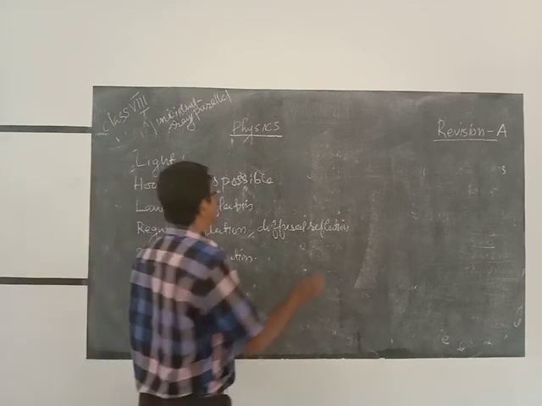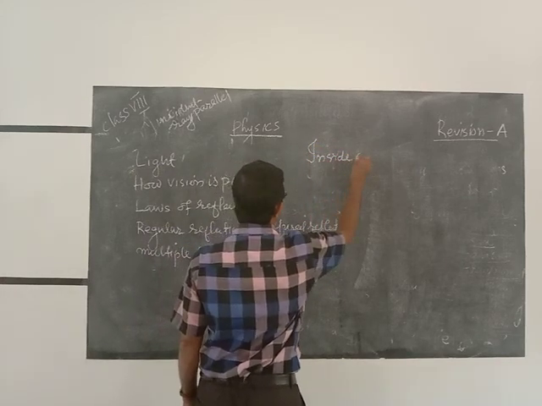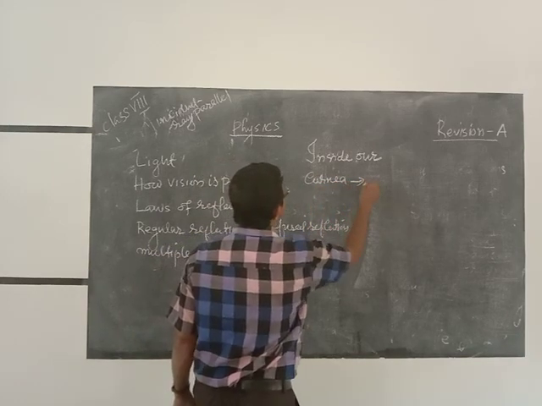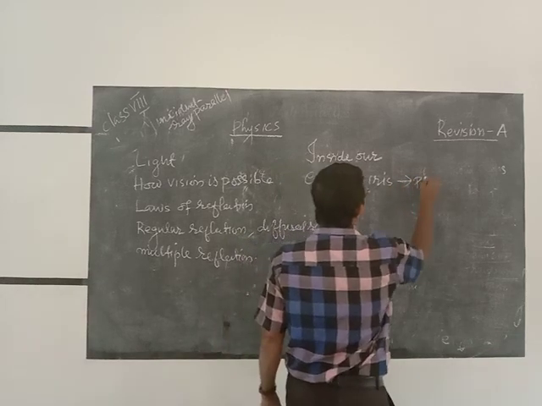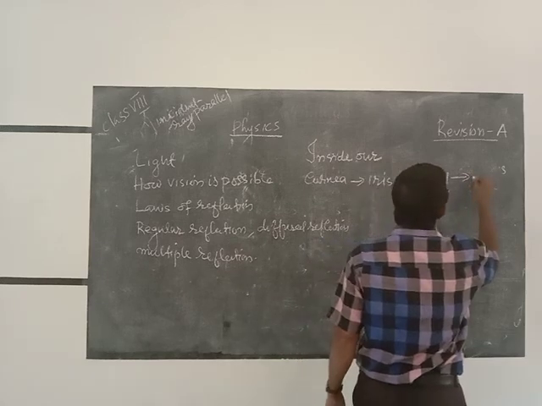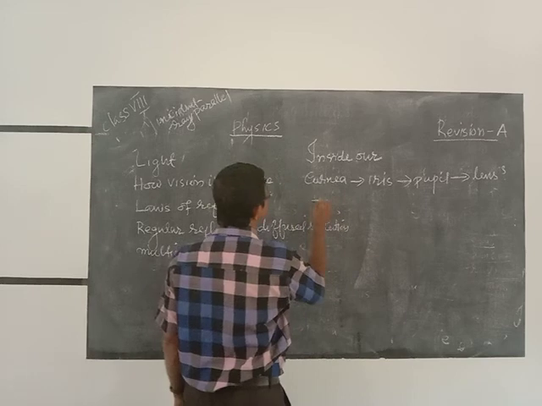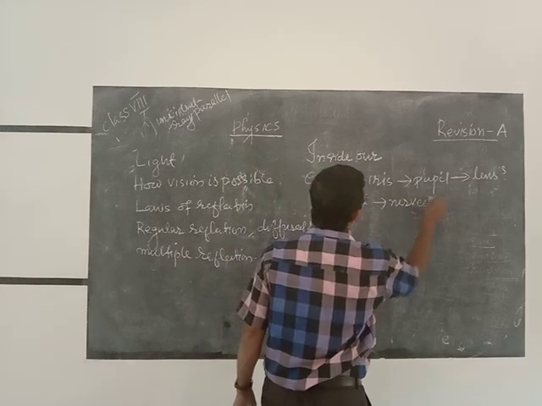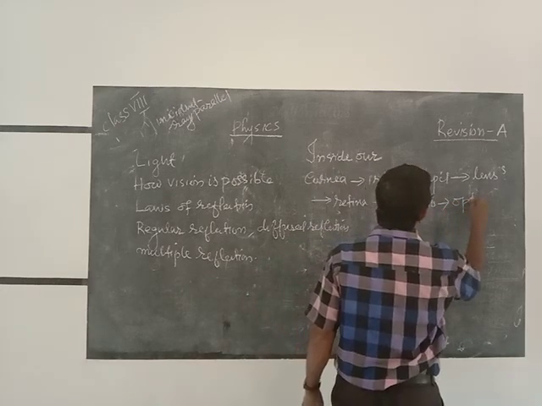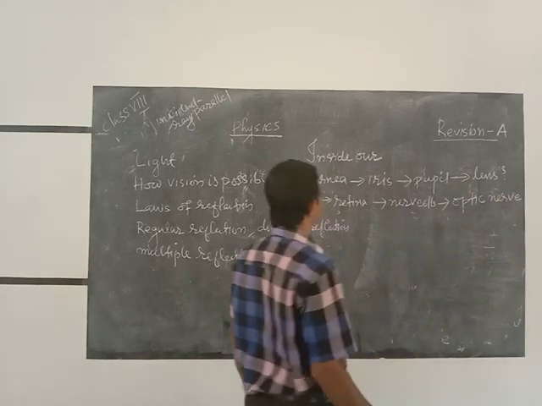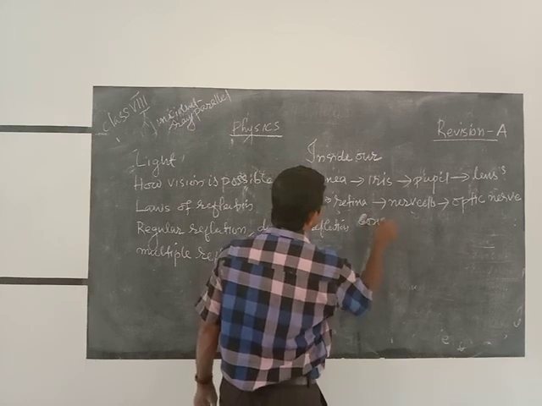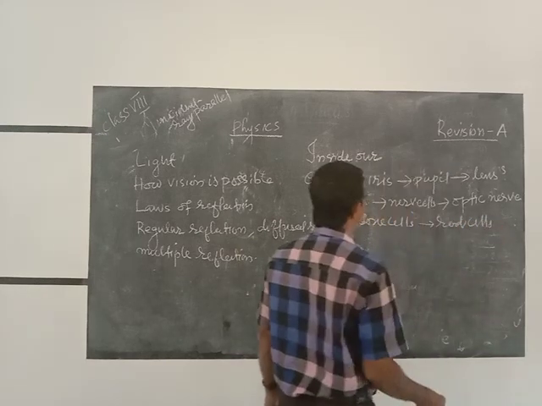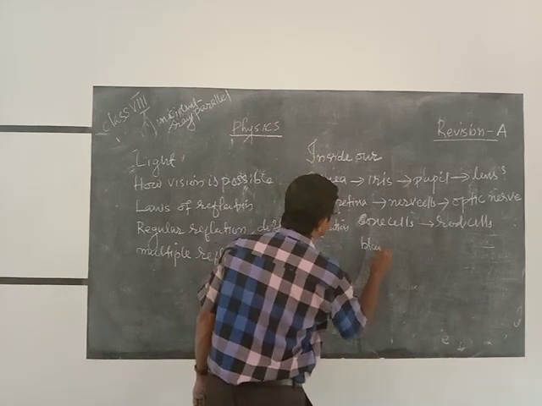Then came to what is inside our eye. The main parts: cornea, iris, pupil, lens, retina, nerve cells, optic nerve, cone cells, rod cells, blind spot.